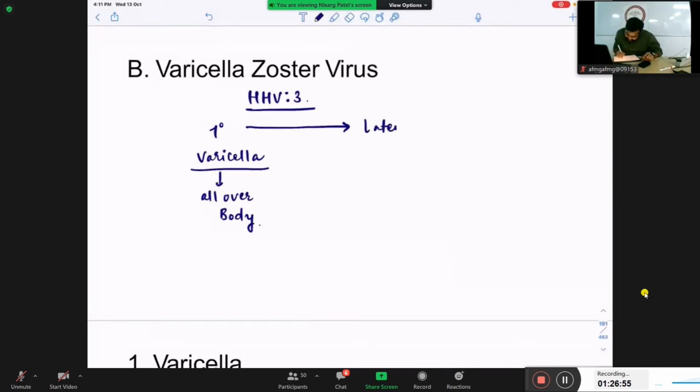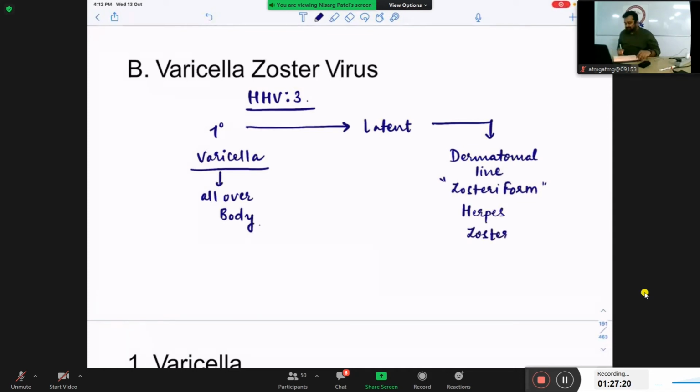Then the virus remains latent and then presents with a dermatomal line, which is zosteriform.